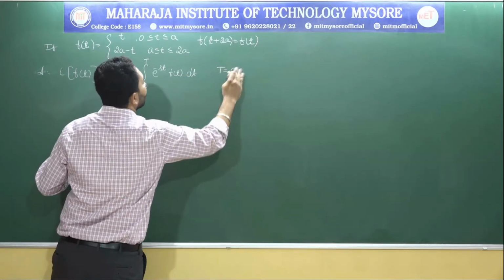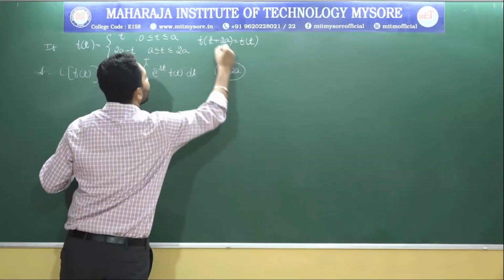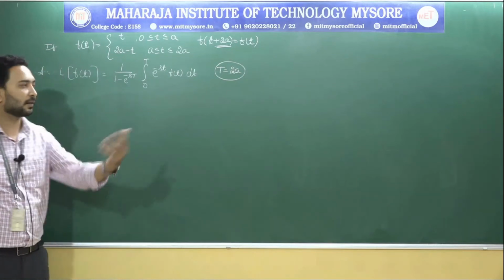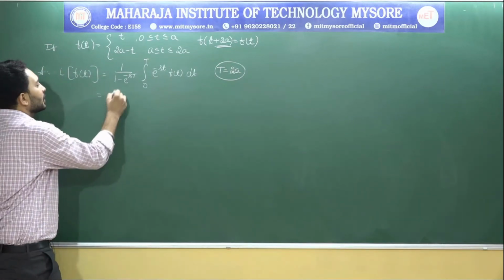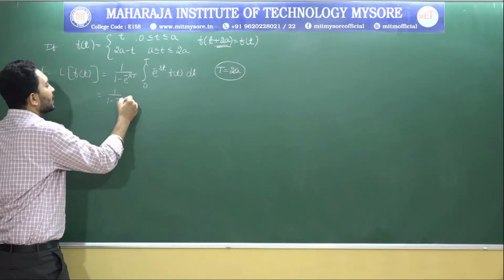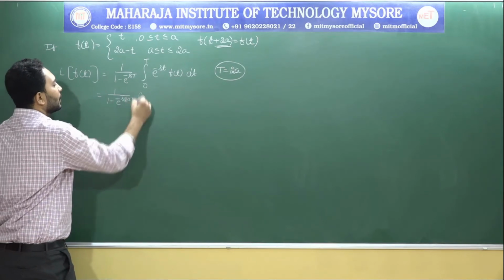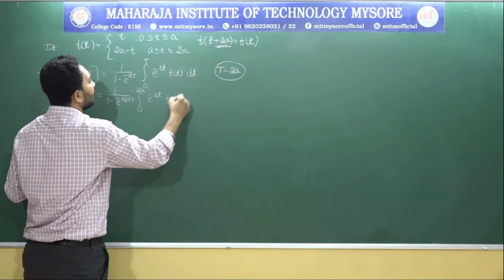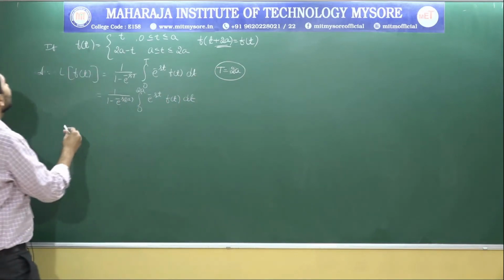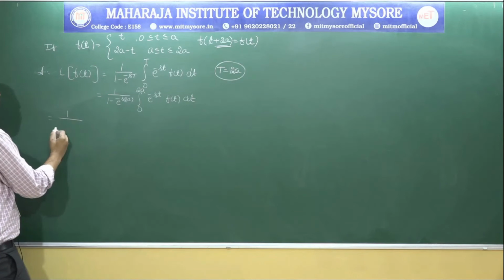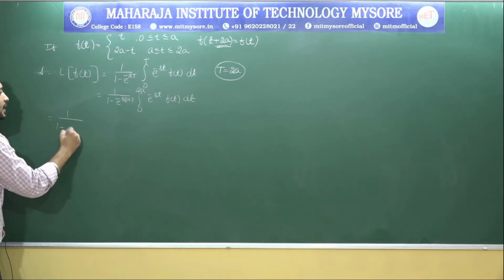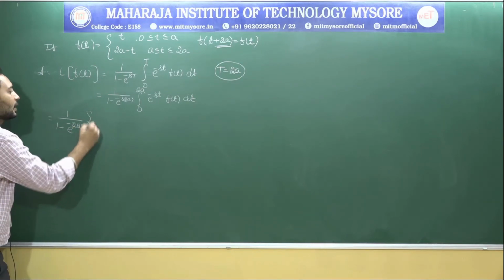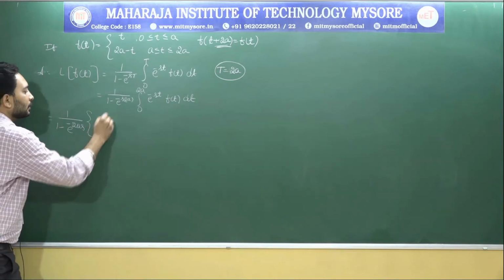We know the value of capital T, it is 2a, since we have f of t plus 2a equals f of t. So substituting those values, we have 1 over 1 minus e power minus s into 2a, integral 0 to 2a, e power minus st into f of t into dt. That is nothing but 1 over 1 minus e power minus 2as into.